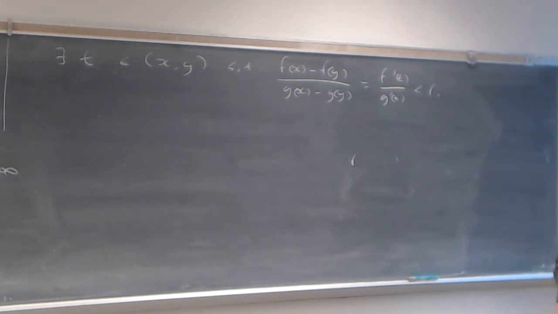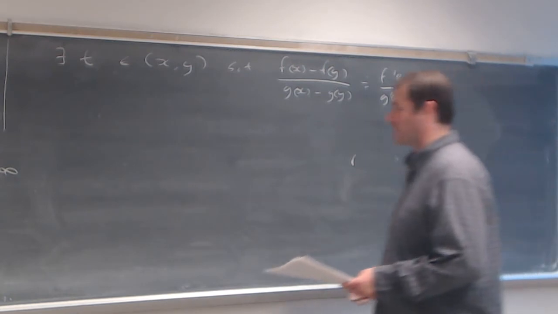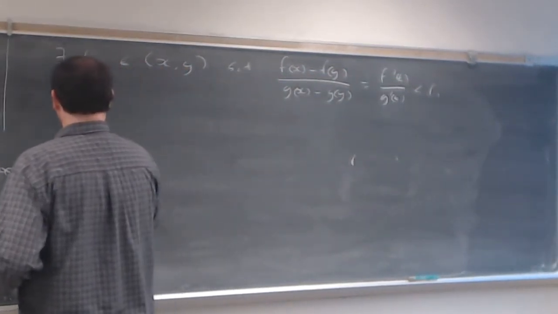Now, we haven't used all of the hypotheses that are available to us in this statement. In particular, I'm referring to parts 1 and 2 of the hypothesis, where part 1 said that the limit as x goes to a of f of x equals 0, and the limit as x goes to a of g of x equals 0.